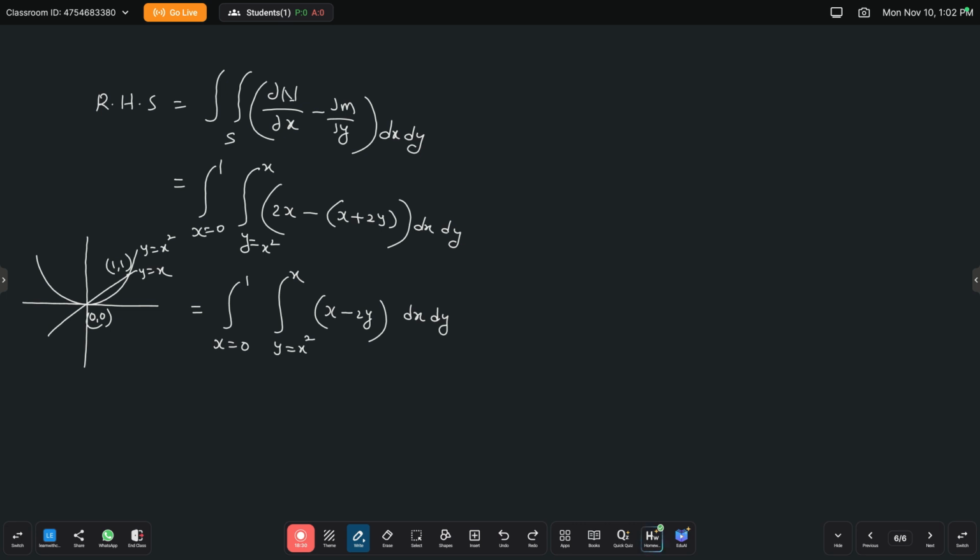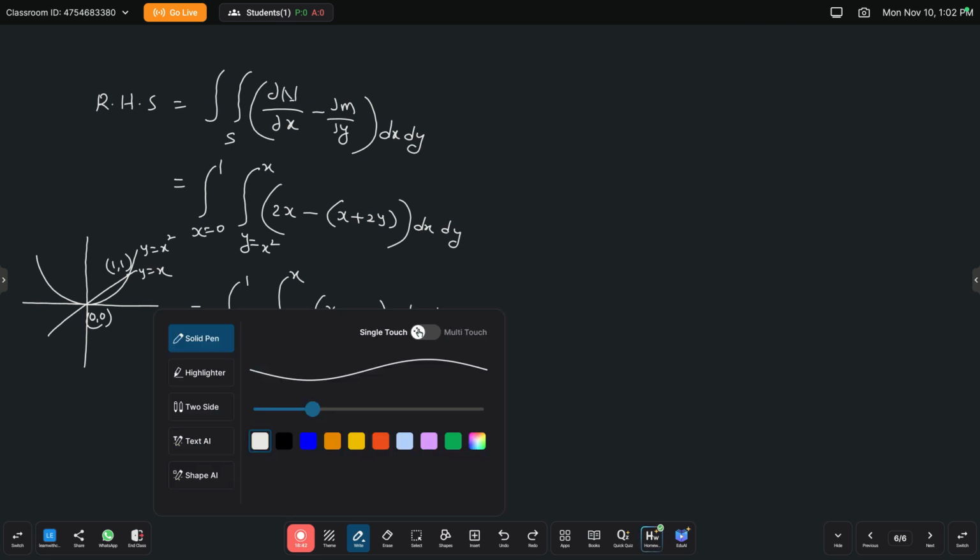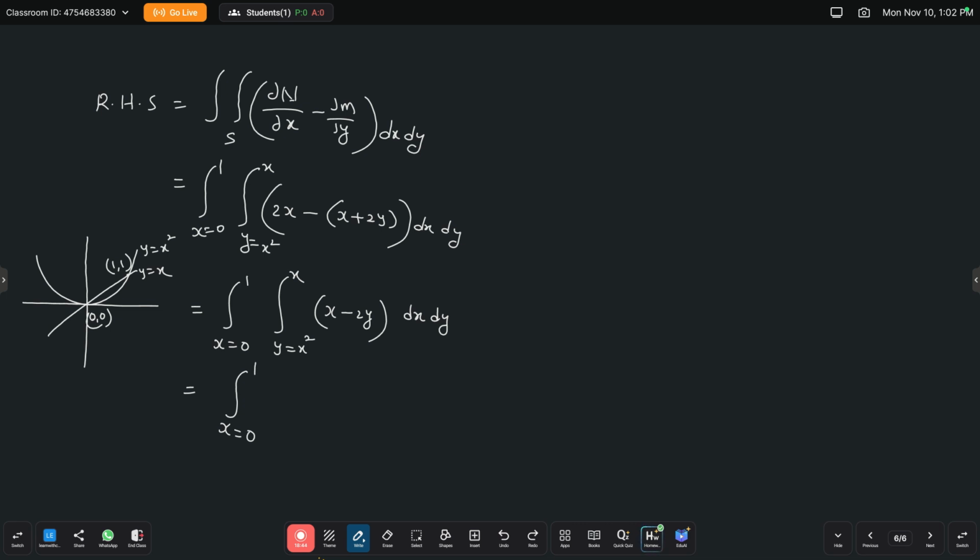Whenever x is constant, first you have to evaluate the y terms only. So first evaluating the y terms, treat the x terms as constant. Here x is constant, keep x aside. The integral with respect to dy of the constant is y, minus 2.